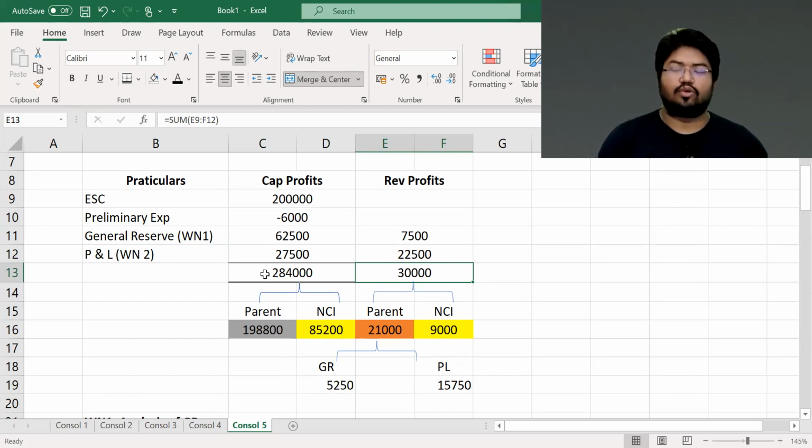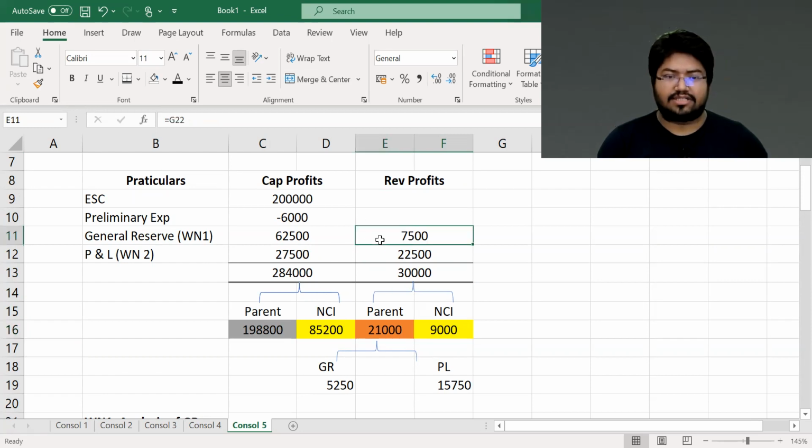This is out of 2,84,000 of capital profits. Same way, revenue profits total is 30,000. Out of 30,000, 21,000 is on the parent side, and then 9,000 goes for non-controlling interest.